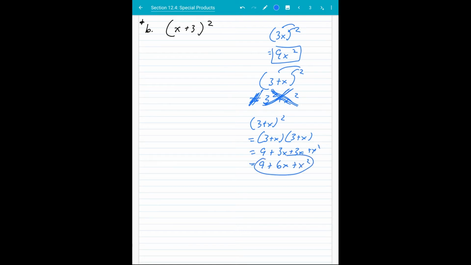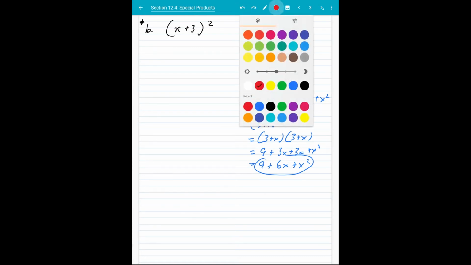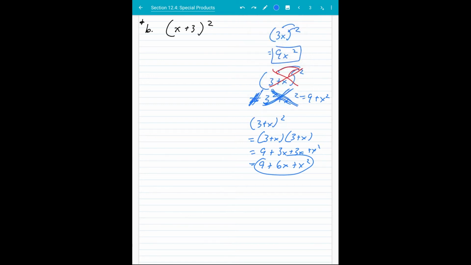Notice how different this is than what this would have been. They're different. So you cannot distribute a square to these two because of this addition sign right there. You can only distribute if everything on the inside is multiplying like that. So if I had something like 2x squared, y squared, z squared, all to the third power, yep, I can distribute 3 to everything.